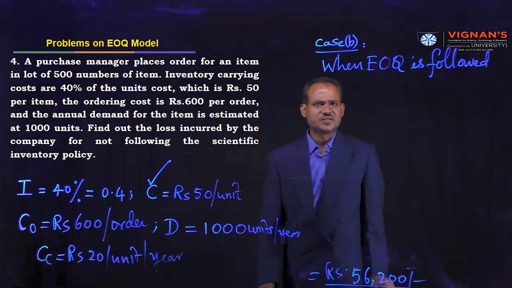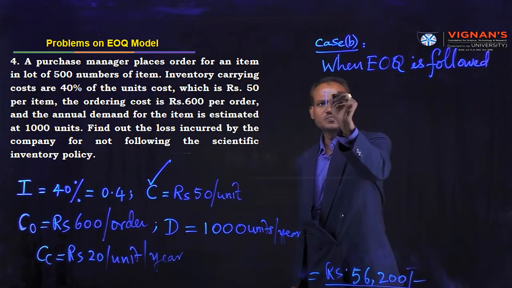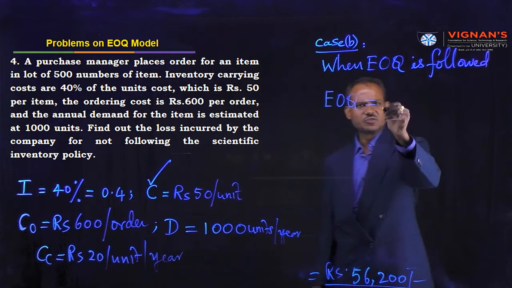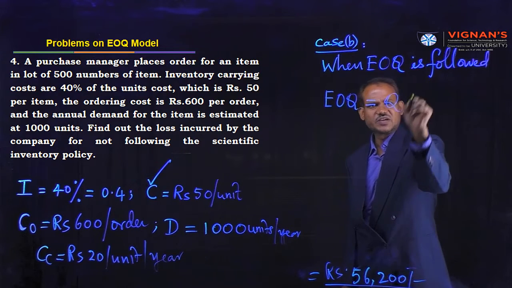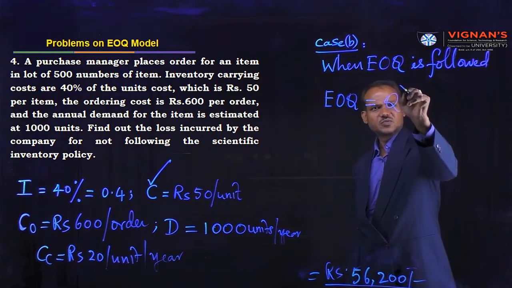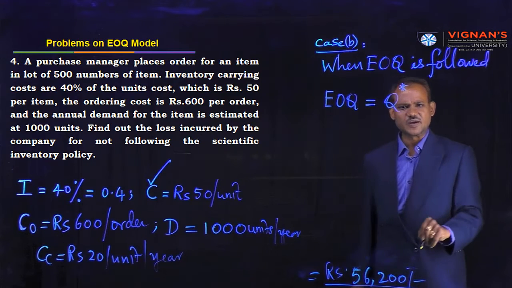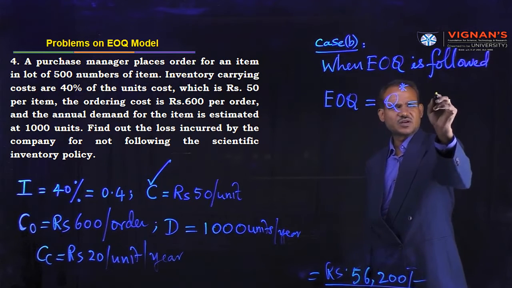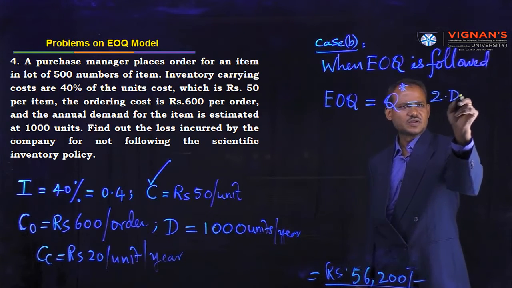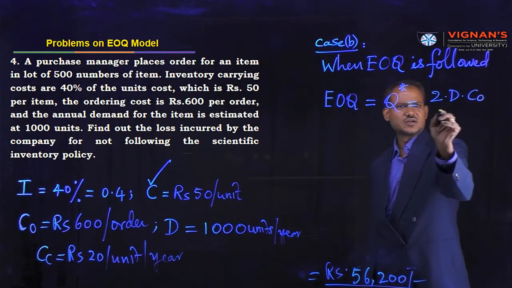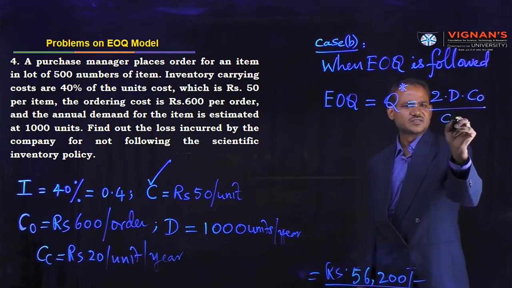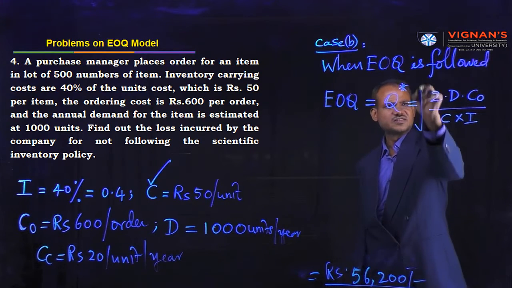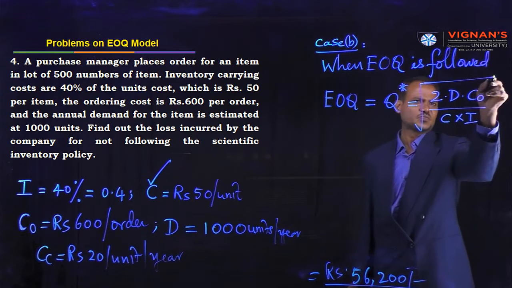So first calculate EOQ. Let us assume EOQ is denoted by another symbol Q star. Star indicates optimum ordering quantity. We know the formula. That is Wilson's formula, 2 into D into C naught divided by C into I. C into I is nothing but the CC. This is under square root. This is the formula.